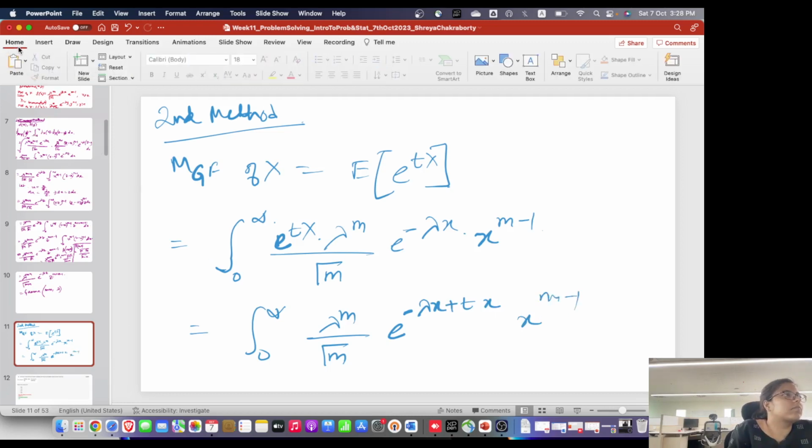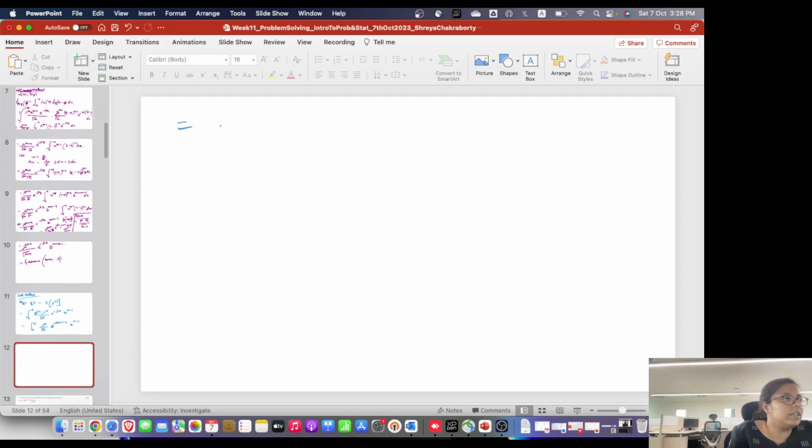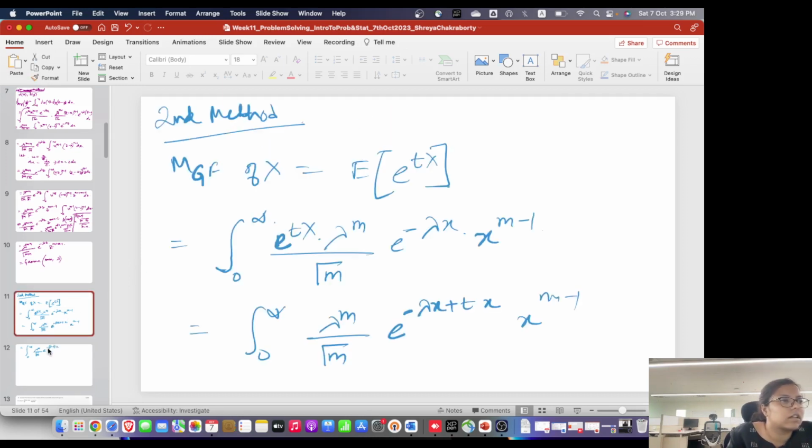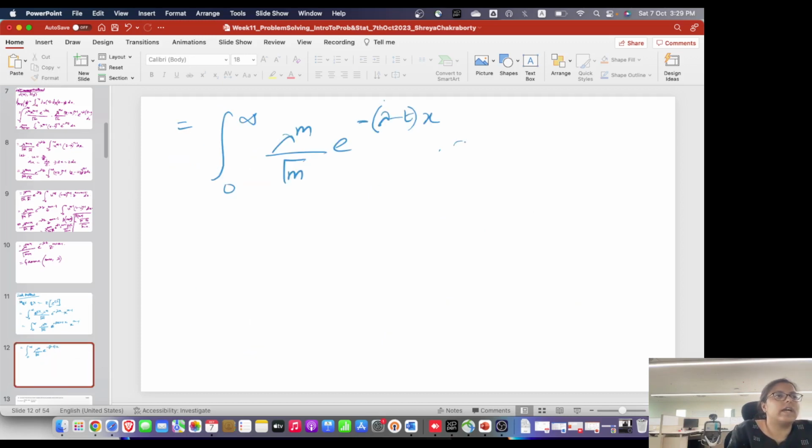So this would be 0 to infinity lambda to the power m by gamma m, e to the power minus lambda minus t x, into x to the power m minus 1.